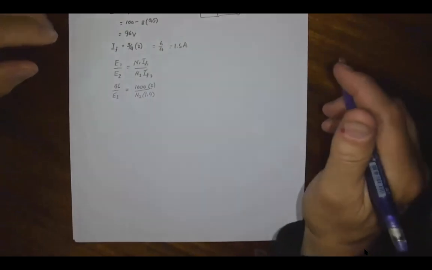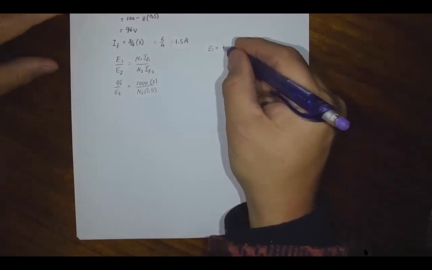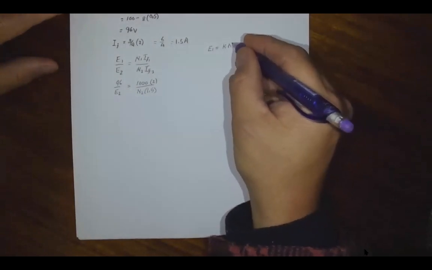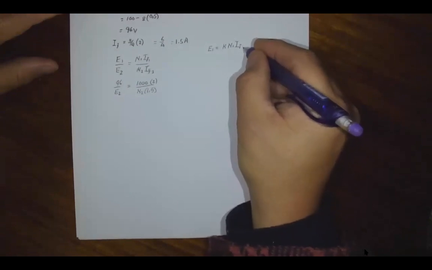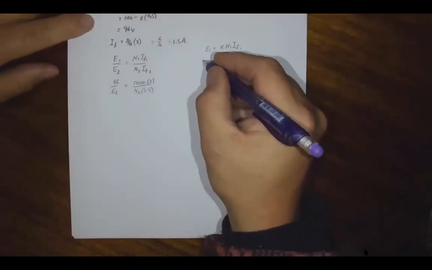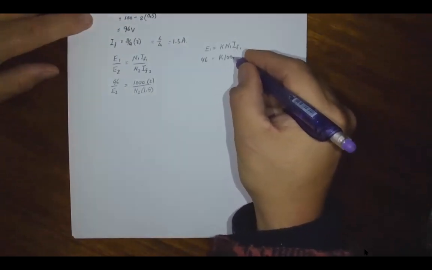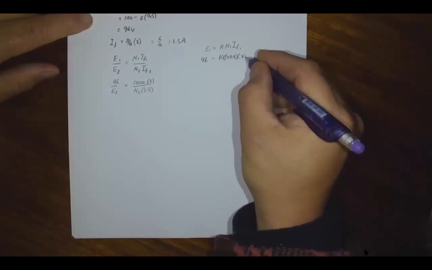Guys, we are wasting time. What is going to happen? So if we try that, and we say E1 is 96, is constant times 1,000 times 2.